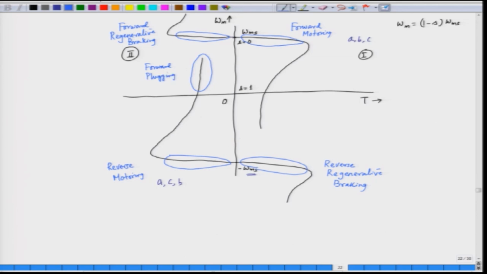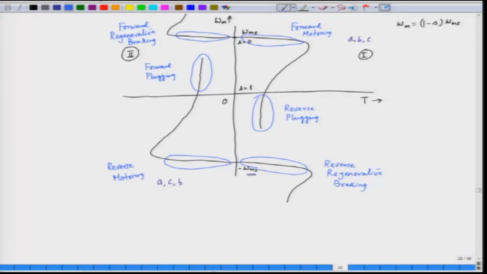So, it is forward plugging, and similarly here if we extend the characteristic to the fourth quadrant, we call this reverse plugging. So, this is the complete torque speed characteristic of an induction motor, both for the forward and reverse operation: forward motoring, forward regenerative braking, forward plugging, reverse motoring, reverse regenerative braking and reverse plugging.